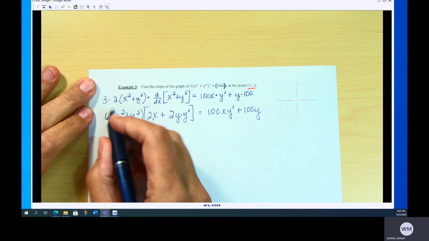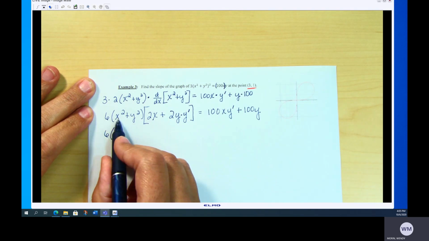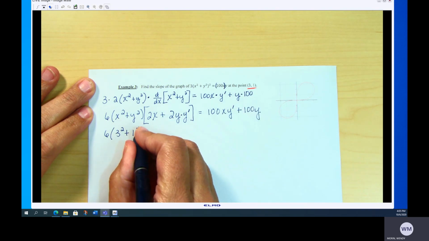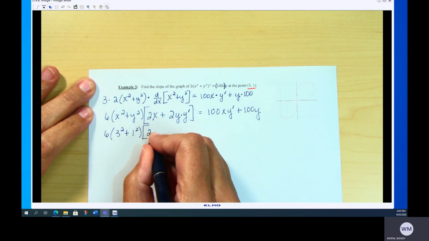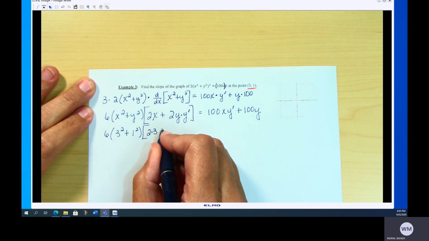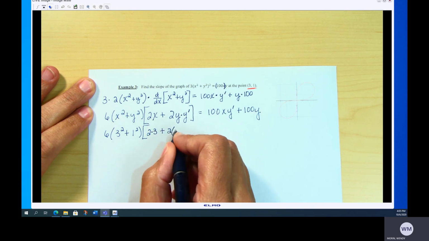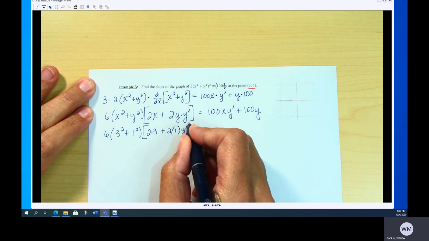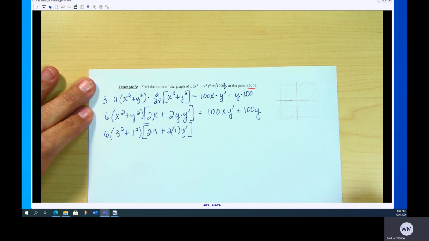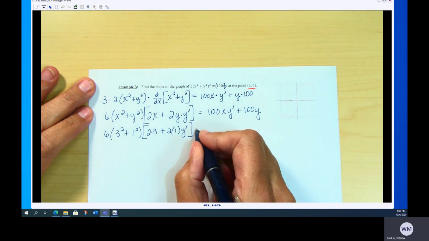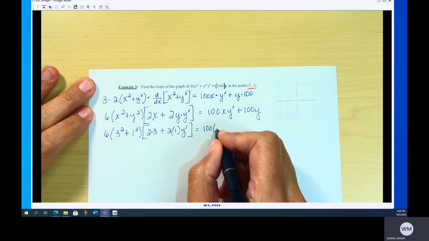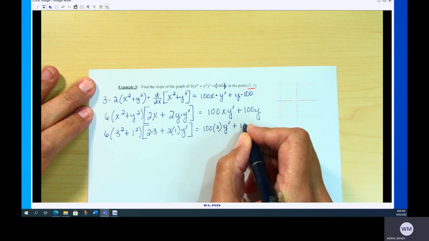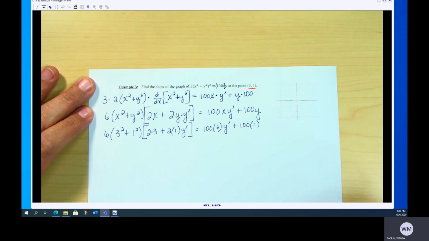Okay? So 6 times x squared plus y squared, 2 times x plus 2 times y prime, which is what we're trying to find, equals 100 times x times y prime plus 100 times y.